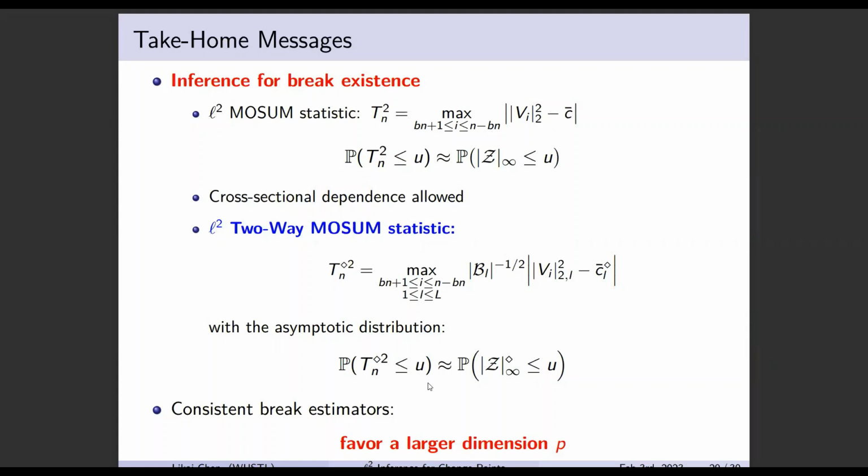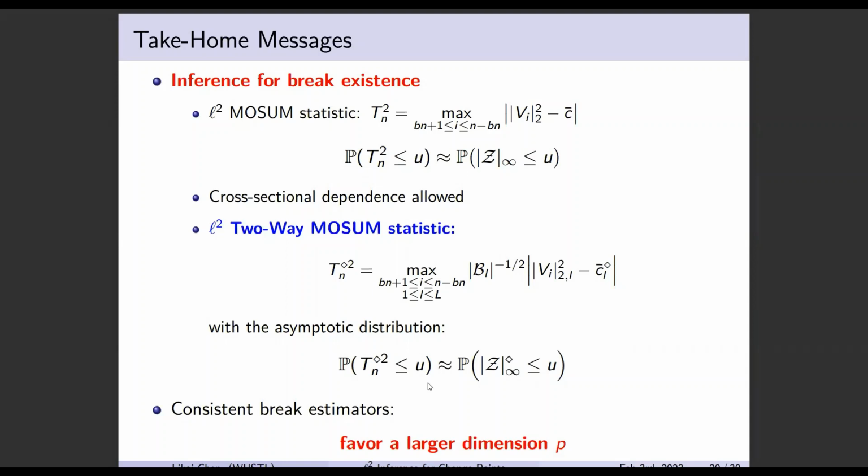For this L2 two-way Moson statistic, we need to aggregate our data within some neighborhood B_l. I forgot to mention that when we construct a statistic with the neighborhood, we need to standardize by the break size. After such standardization, we can still construct this Gaussian approximation, and based on it we can perform the hypothesis testing.